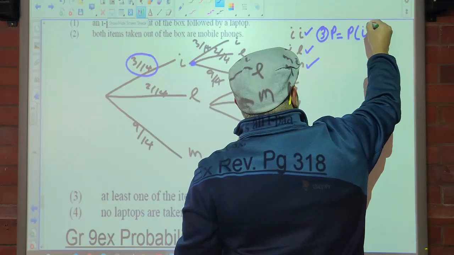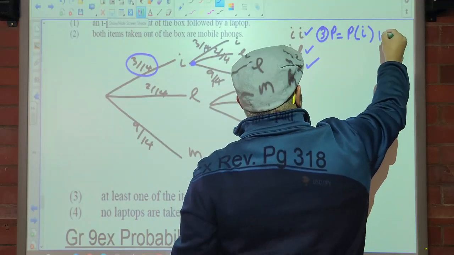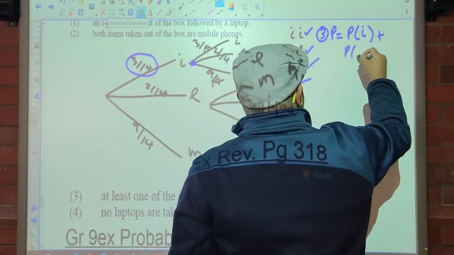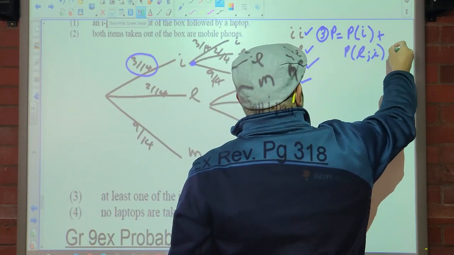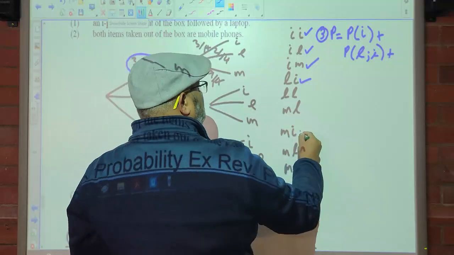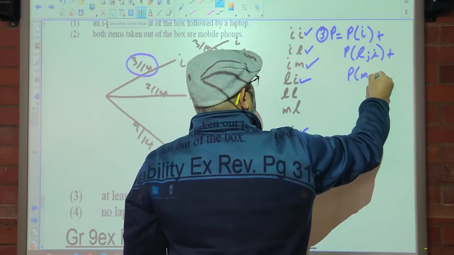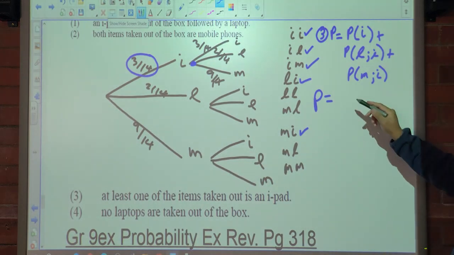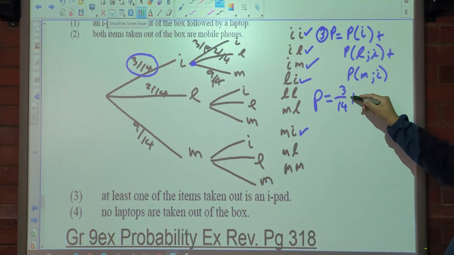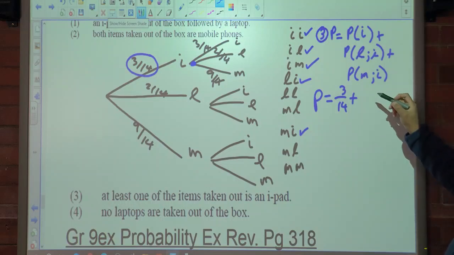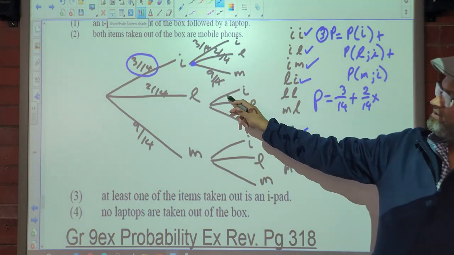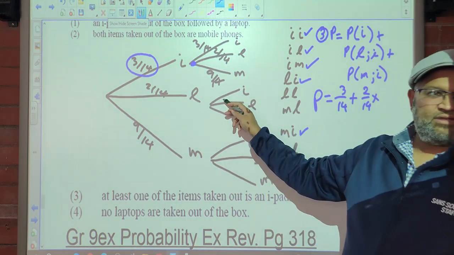So probability of an iPad, plus it could be laptop iPad, probability of laptop iPad, plus probability of mobile phone iPad. You all agree with that? So we say it's going to be 3 over 14 plus 2 over 14 times 3 over 14, not so?